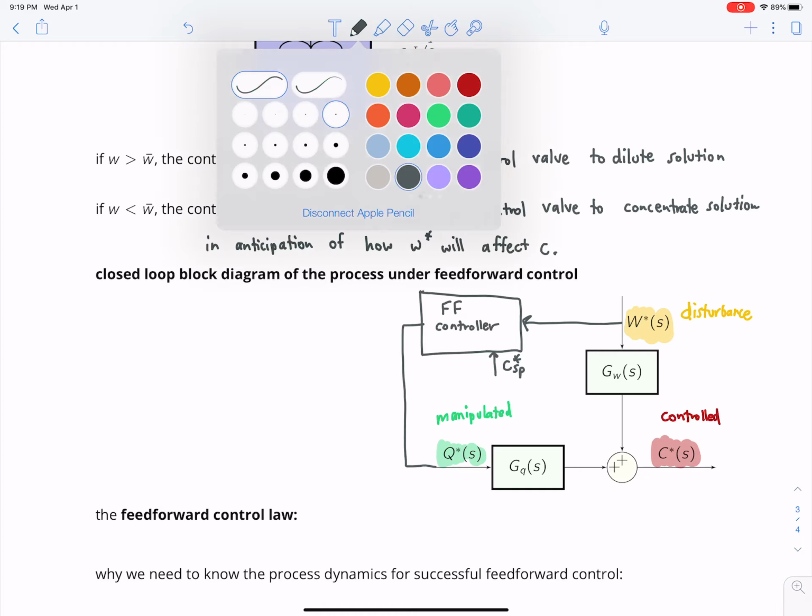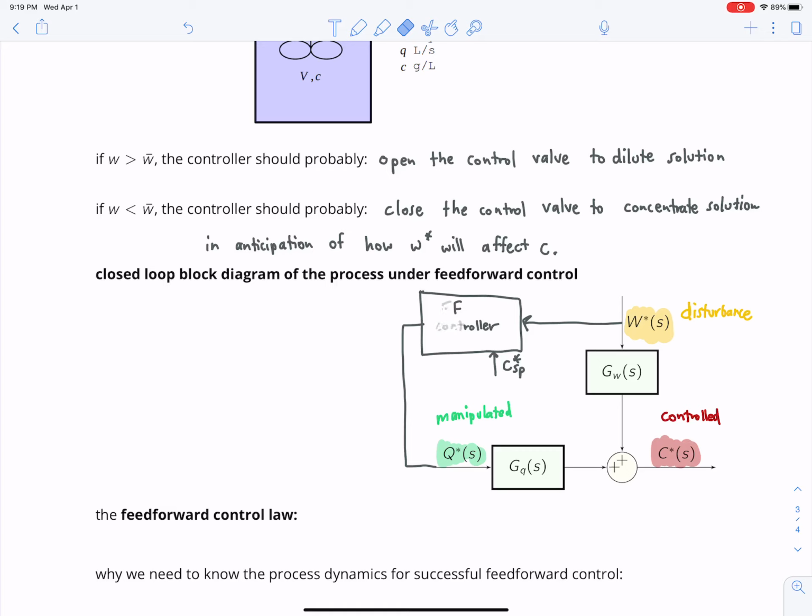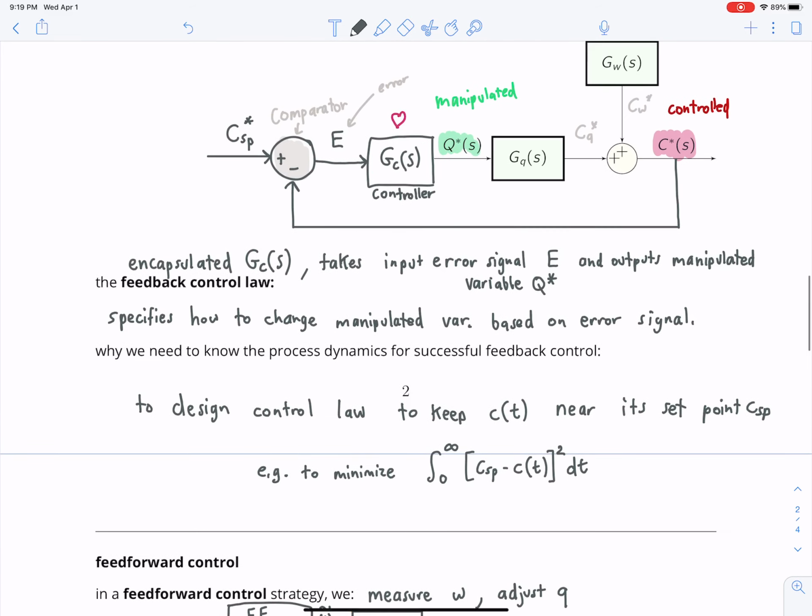And I should put a transfer function in here. So this is the control law, GC. And this is the FF controller. So let me make sure I did the same there. Yeah, so we'll call this FB controller to distinguish it for feedback controller.